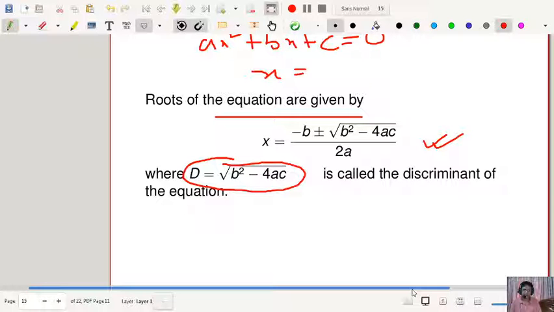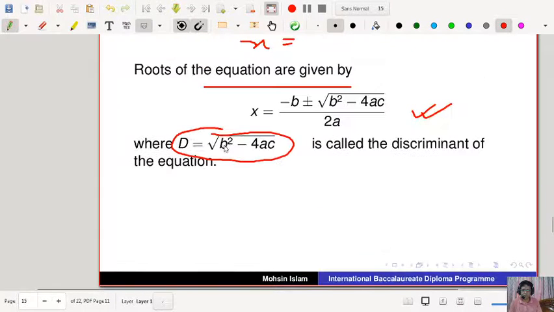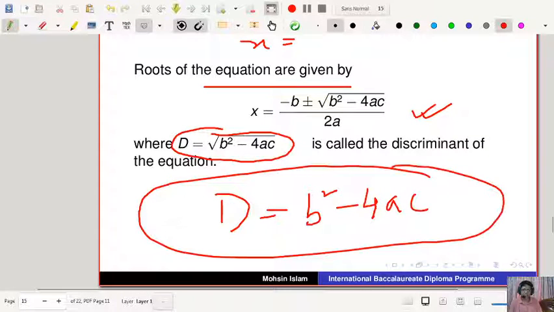If a > 0 and D > 0, where D means the discriminant, f(x) has two real roots, alpha and beta. Actually the root should not be there. D is simply b² − 4ac, the discriminant, not the square root. So D = b² − 4ac.